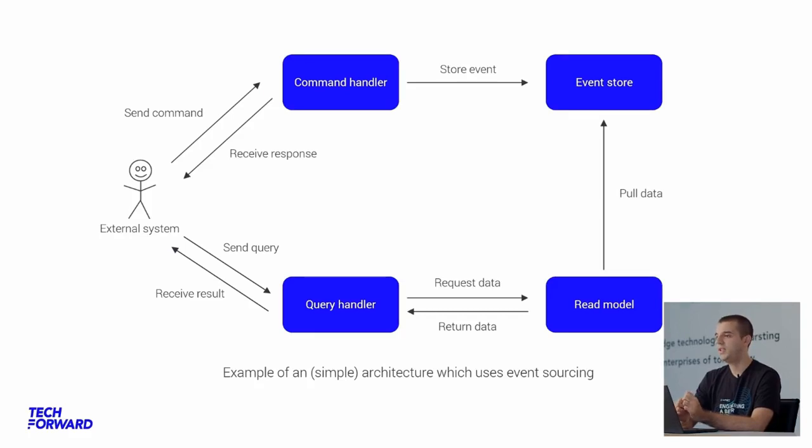It's because that link is asynchronous. Read models are subscribed to event stores and they pull data from the event store, like we said. But that change doesn't happen immediately. And if the external system queries the system too quickly, they will not be able to see the latest change applied.